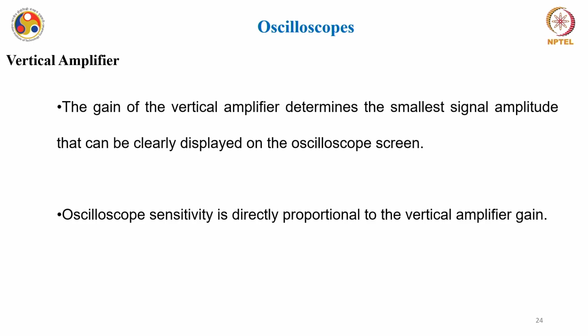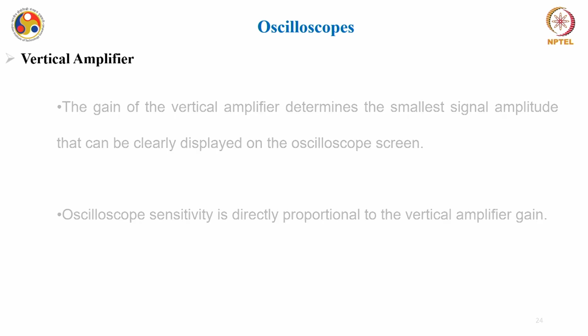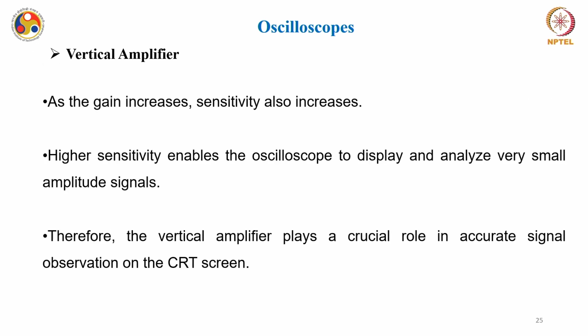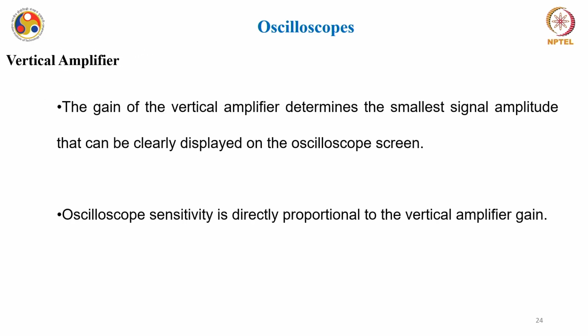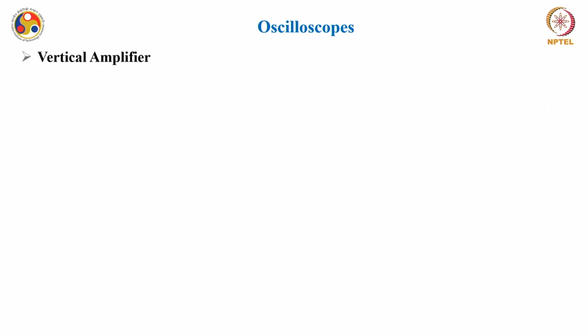The gain of the vertical amplifier determines the smallest signal amplitude that can be clearly displayed on the oscilloscope screen. Oscilloscope sensitivity is directly proportional to the vertical amplifier gain. We are not going mathematically, but you can understand that the sensitivity, which is represented as voltage per centimeter, is directly proportional to the vertical amplifier gain.